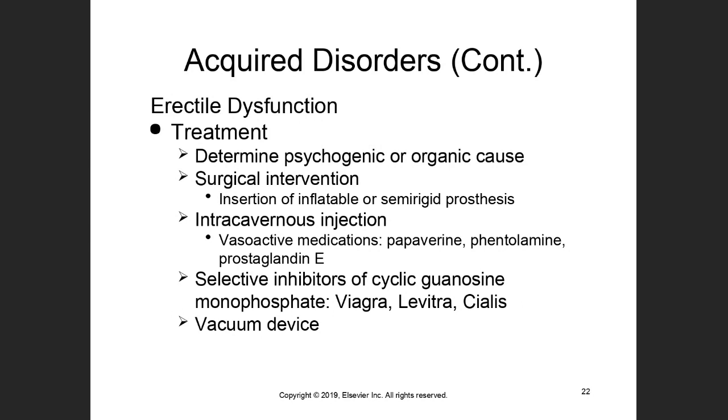Surgical interventions could be one of the treatments. Intracavernous injection, that is a prostaglandin injection in the penis to achieve the erection, and selective inhibitors of cyclic guanosine monophosphate. Okay, the mechanism of action of those medications, Viagra, Levitra, and Cialis, is phosphodiesterase inhibition. Okay? And also you could use a vacuum device.